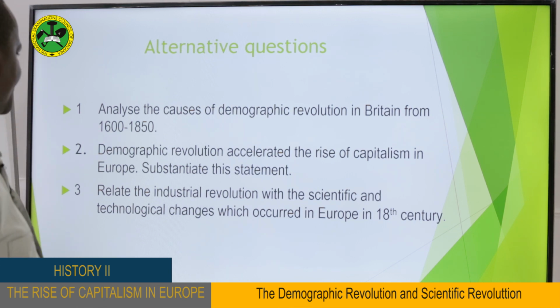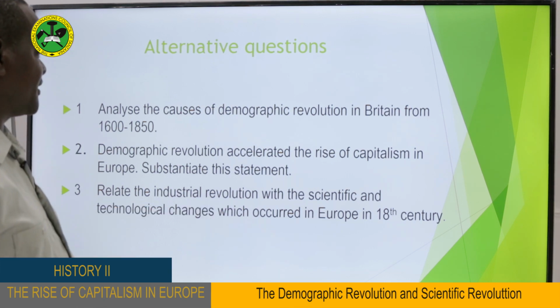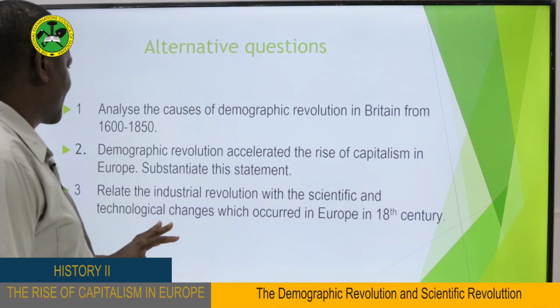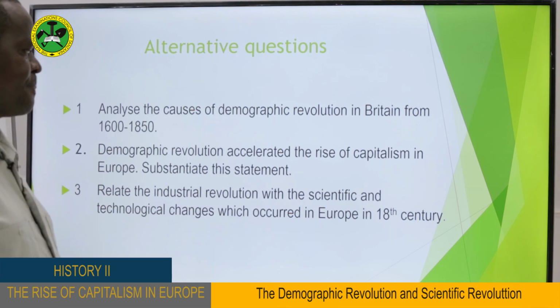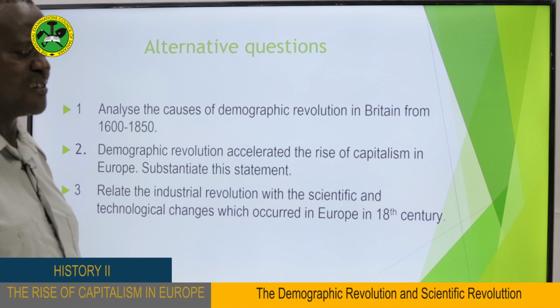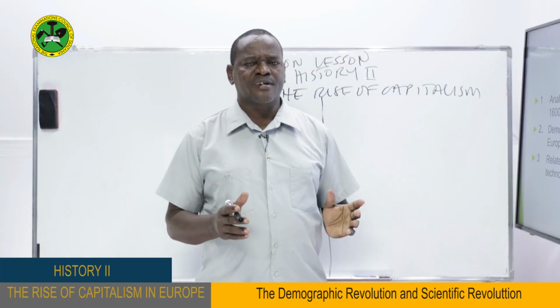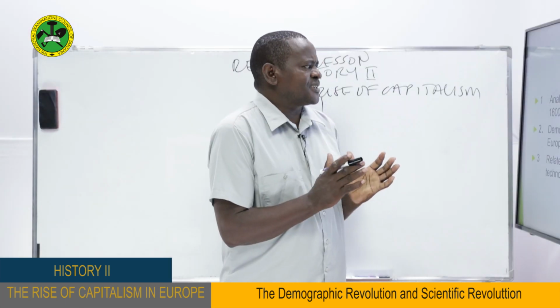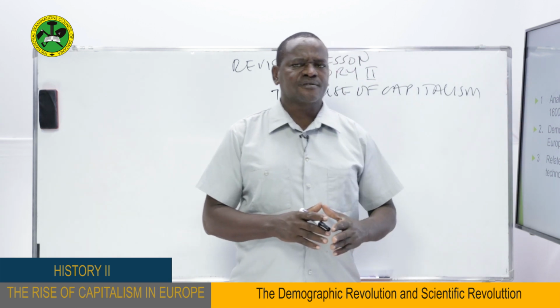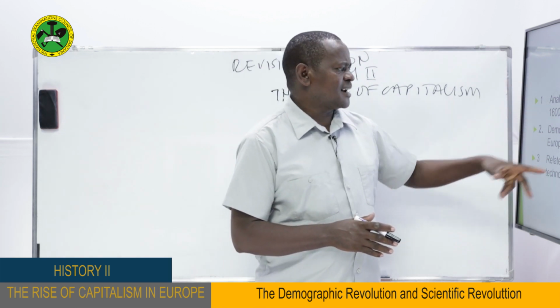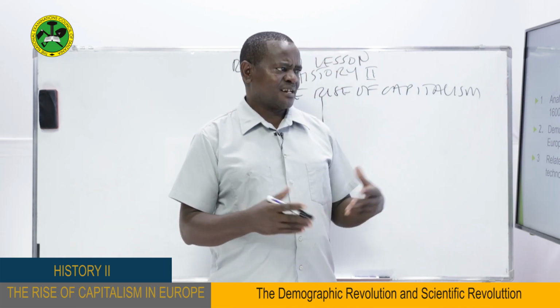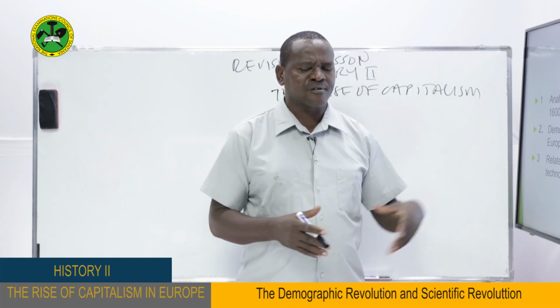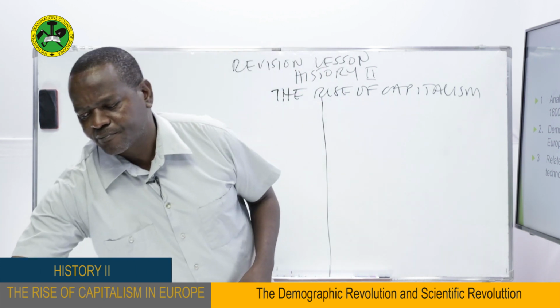And our third question is relate the Industrial Revolution with the scientific and technological changes which occurred in Europe in 18th century. These, my dear students, are our three questions, and you have to make sure that you are able to attempt these three questions, as well as some questions which might also come from this topic.